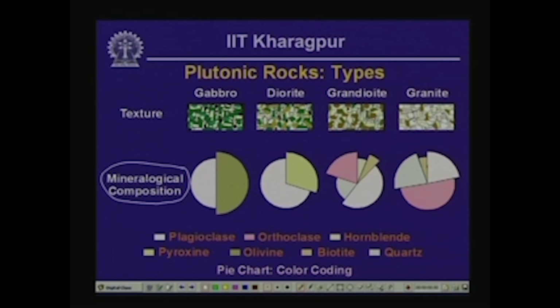As we proceed to the right, light colored minerals become more and more abundant. In granite for instance, we have orthoclase and plagioclase feldspar, as well as a very large proportion of quartz, and some smaller component composed of biotite.